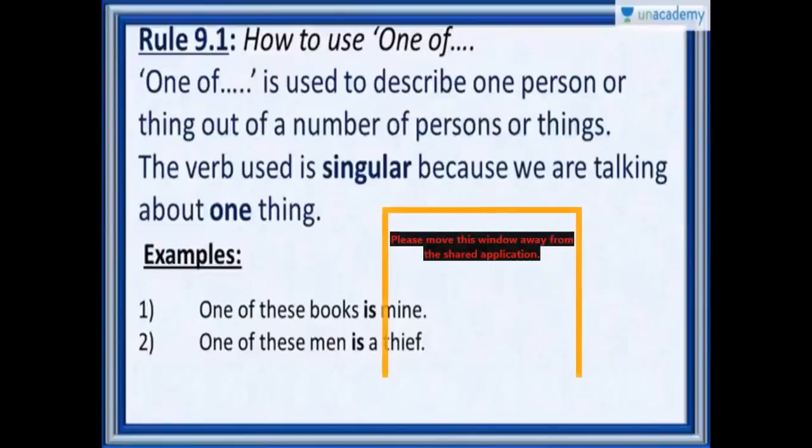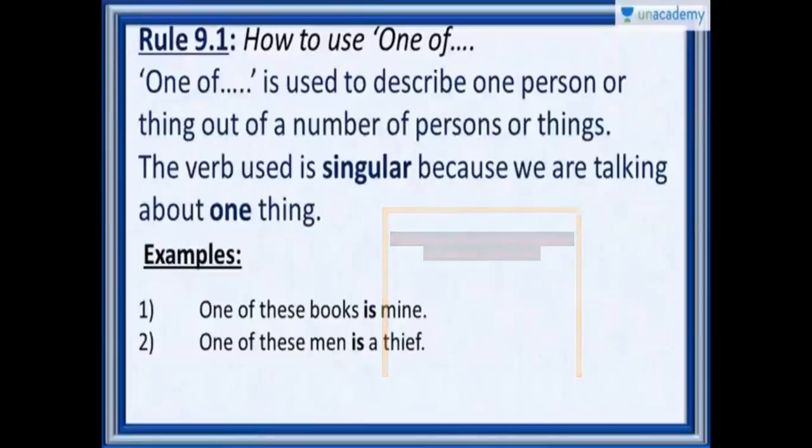Okay, now write down the next rule. One of, dash, singular verb, which means one of takes a singular verb. You may ask me, ma'am, we know one of means only one, why are you telling it as a rule?